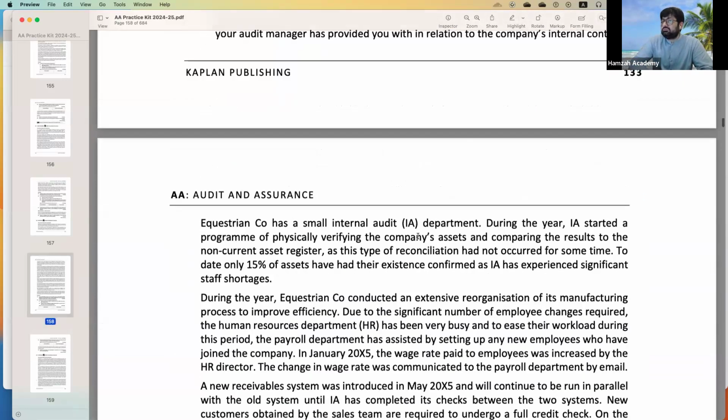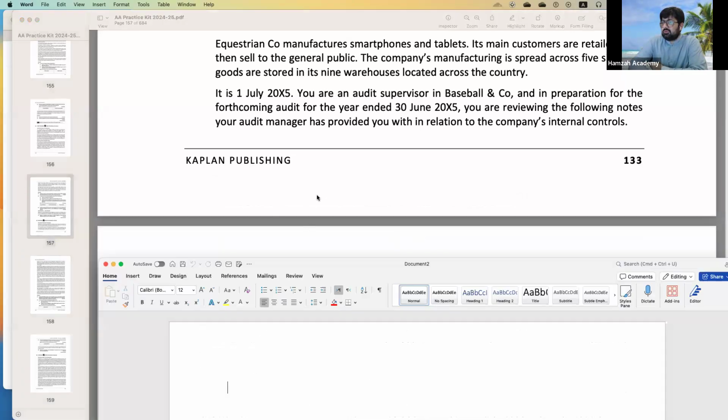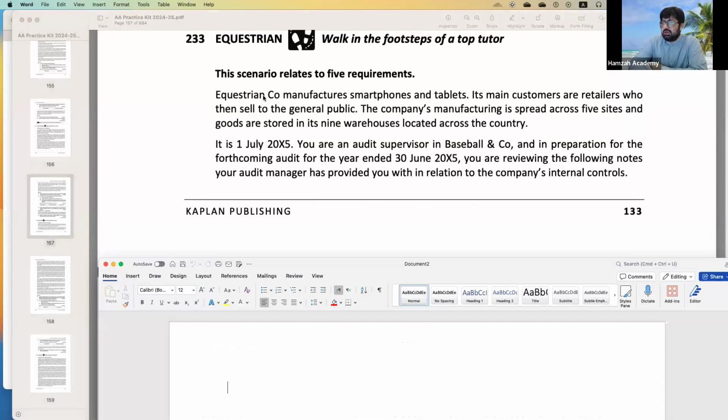So come here. Let us start reading the question and identifying the points. And let me open one Word document as well, where we need to write our answers. E company manufactured smartphones and tablets.